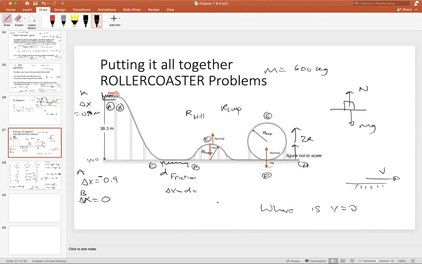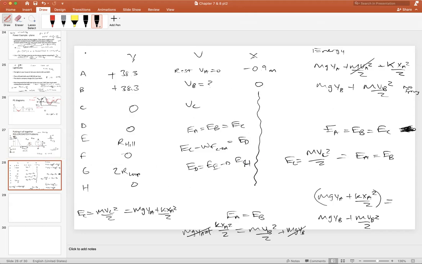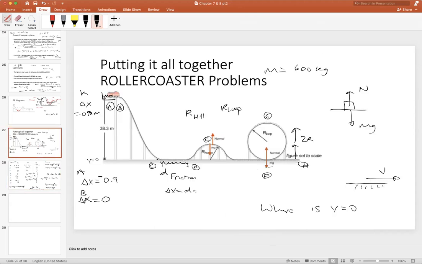So when you do these roller coaster problems, in general, you start at one point and you'll know maybe the energy at A is a number. You'll be able to figure it out, and it's like 700 joules. And then you'll find the velocity at B and the velocity at C, because you'll have to use potential energy.